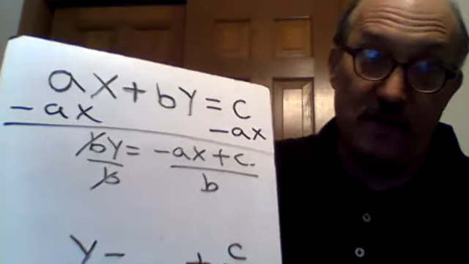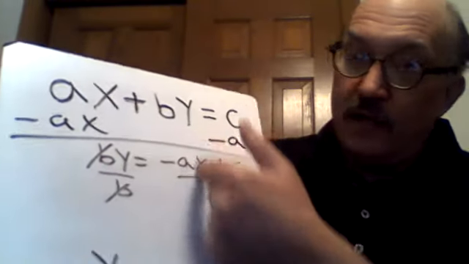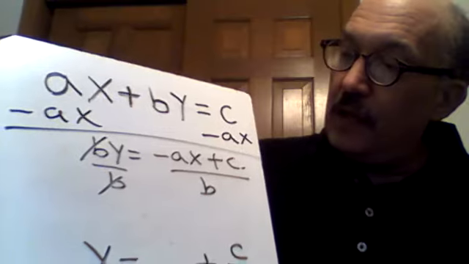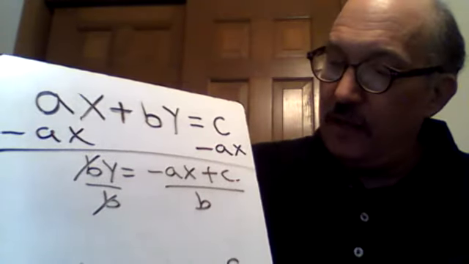Well, c over b, right? C over b. And here in this first term, this will break apart as negative a over b times x. Negative a over b times x.